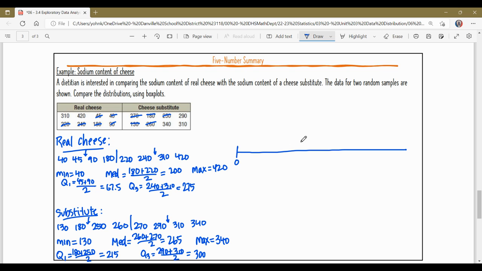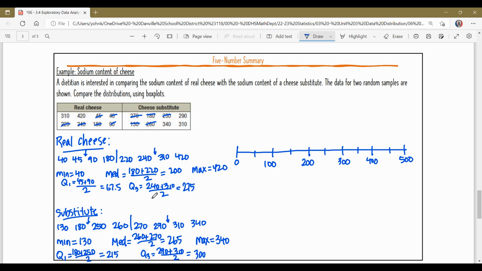Let's start this at 0, 100, 200, 300, 400, 500. All right, so we label these. I'll go back and put in my 50s. It helps me to visualize a little bit more.